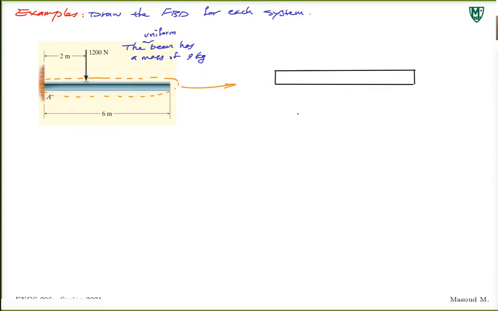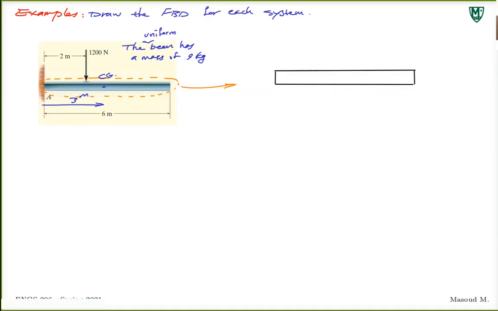So the center of gravity or center of mass is exactly in the center of the beam. If it's 6 meters, the center of gravity is 3 meters. For any uniform bar or beam like this, the center of gravity, or center of mass, we use them interchangeably in this course, is in the center, like 3 meters away from this side.